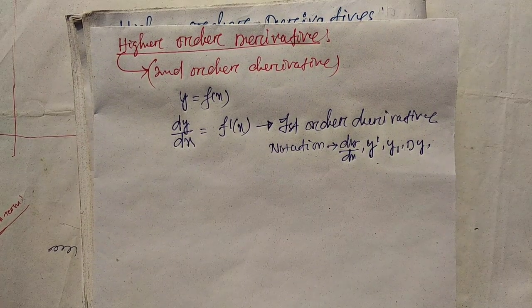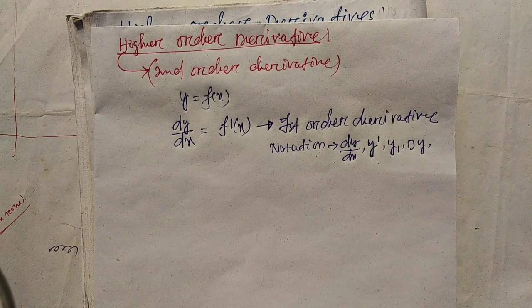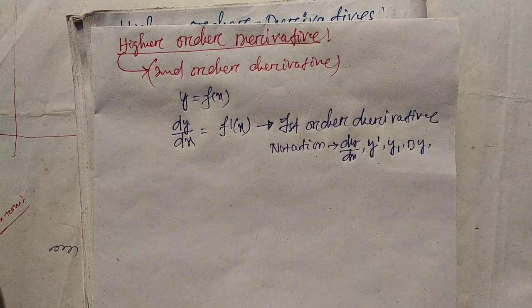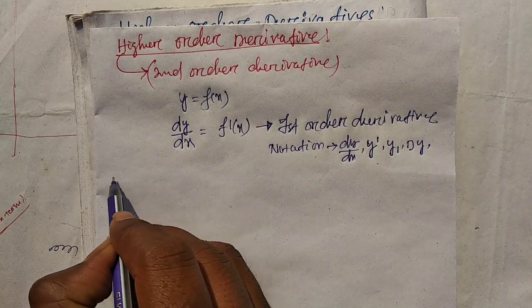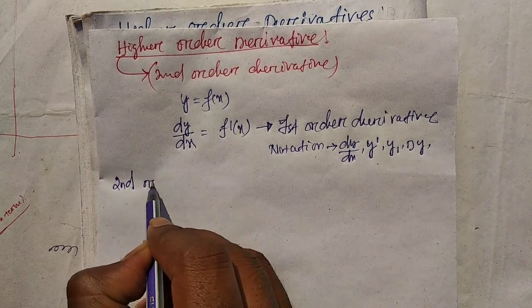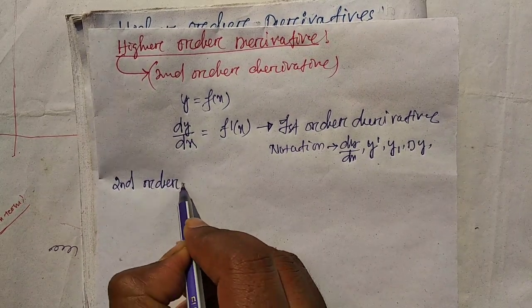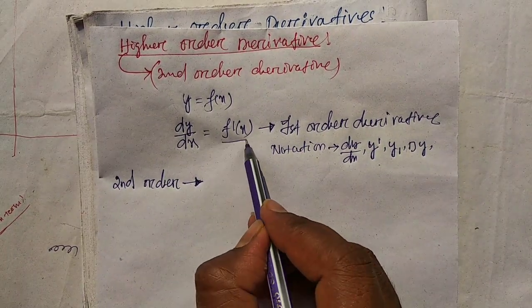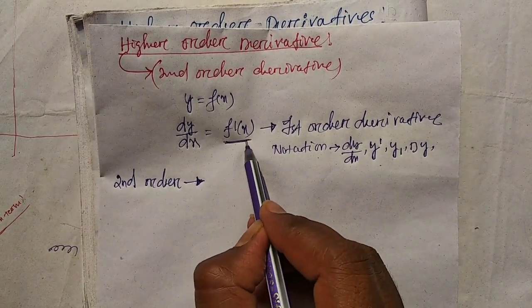So how are we getting first order derivative? Just differentiate the given function, that is y or f of x, only once. Okay, so in order to get second order derivative, what we have to do is that we have to again differentiate the first order.